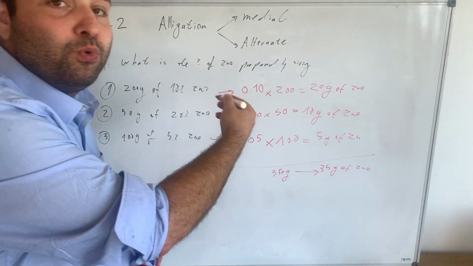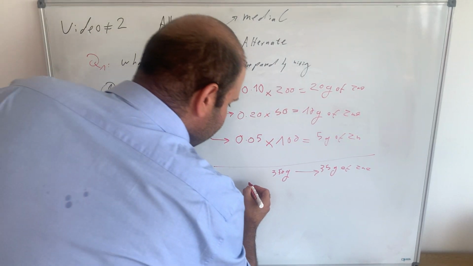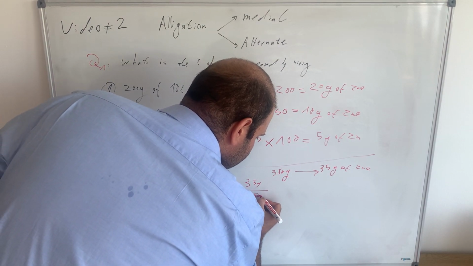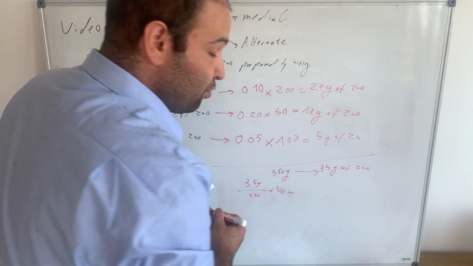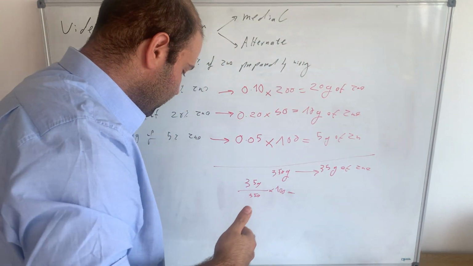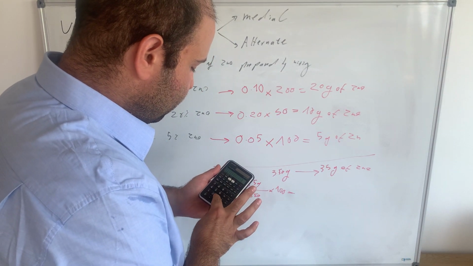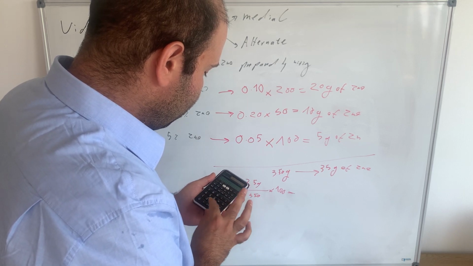So if you want the percentage strength, we simply do 35 grams in 350 multiplied by 100, because we want to know the final value in percent. So 35 divided by 350 multiplied by 100.